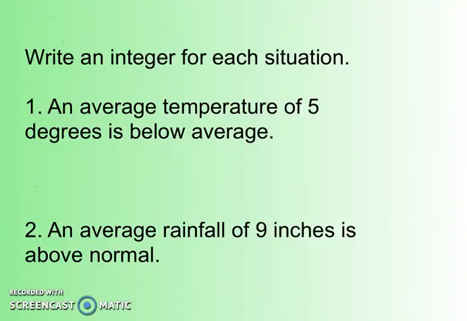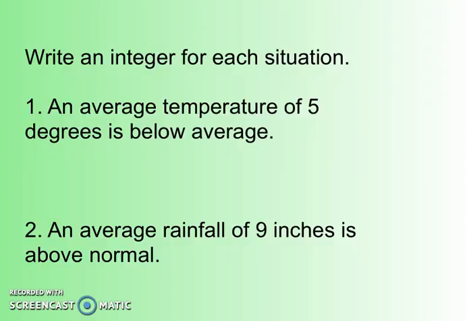Now, the next thing we're going to do is write an integer for each situation. Looking at number 1, it says an average temperature of 5 degrees is below average. If we're looking for keywords, the keyword below gives me a hint on what type of integer I am working with.